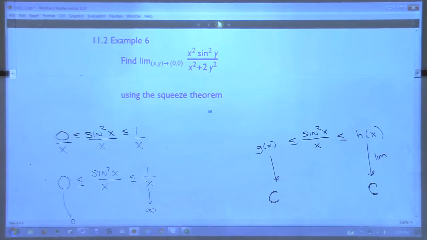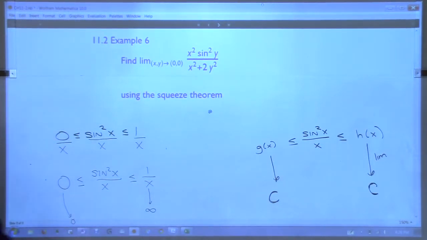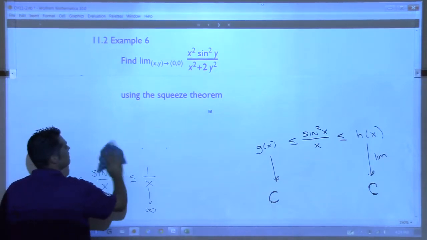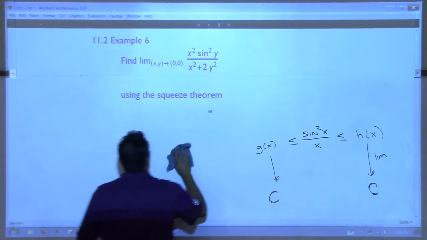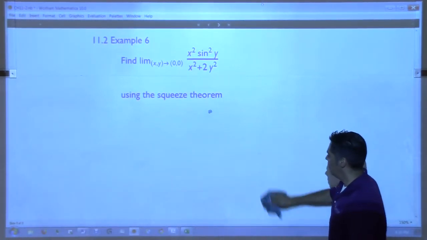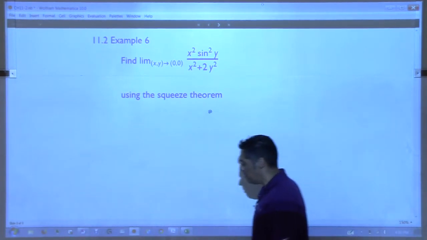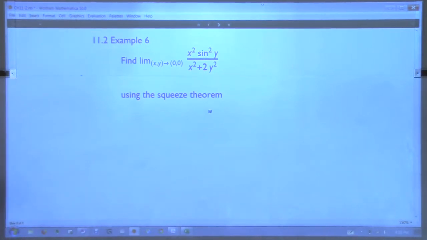So I have an example here that will hopefully illustrate this going on. So look at this right here. I want us to show that this limit does exist. All right? I want to find this limit. Now you can start checking paths all day long on this. Come in with all these different paths. They're all going to go to the same place.